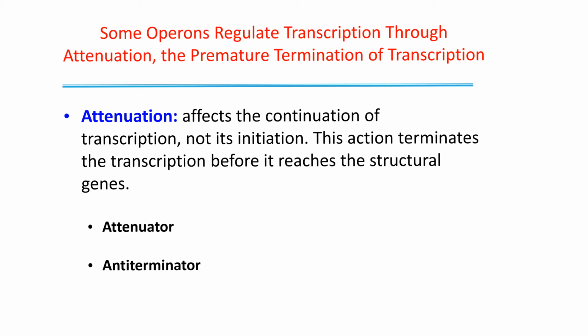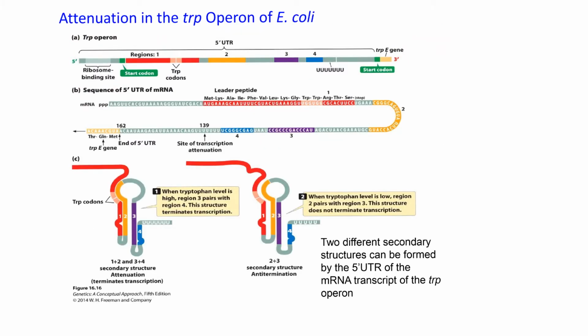So let's now discuss attenuation. What is attenuation, how does it work, and why is the TRP operon controlled by both repression and attenuation? As we mentioned before, the long 5' UTR plays a role in attenuation.